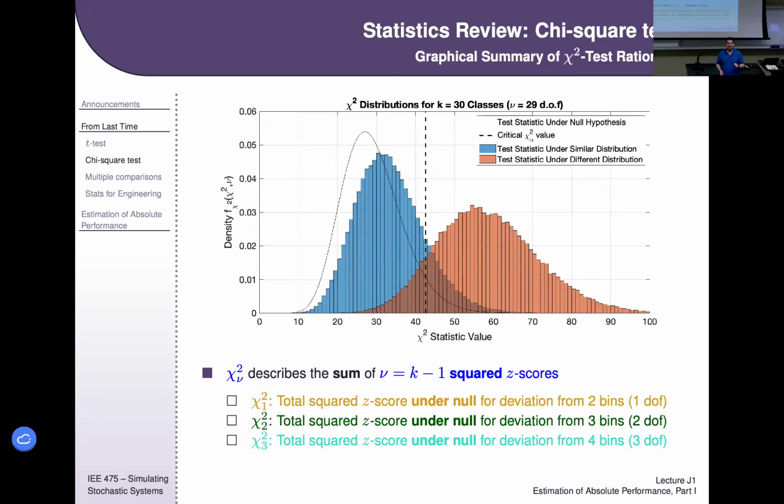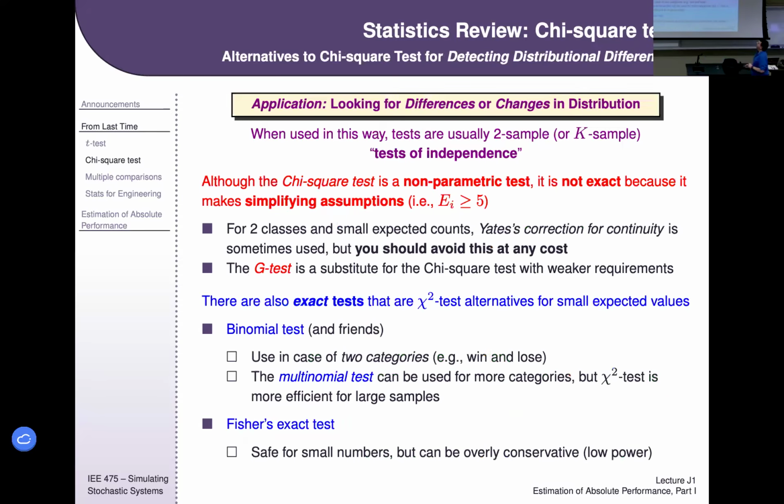The count test. Okay. So I already covered non-parametric. There's exact and non-exact. So chi-squared is non-exact. There are other non-exact tests, like the G test, for example, that's a chi-squared test where the expected value that you need is less.